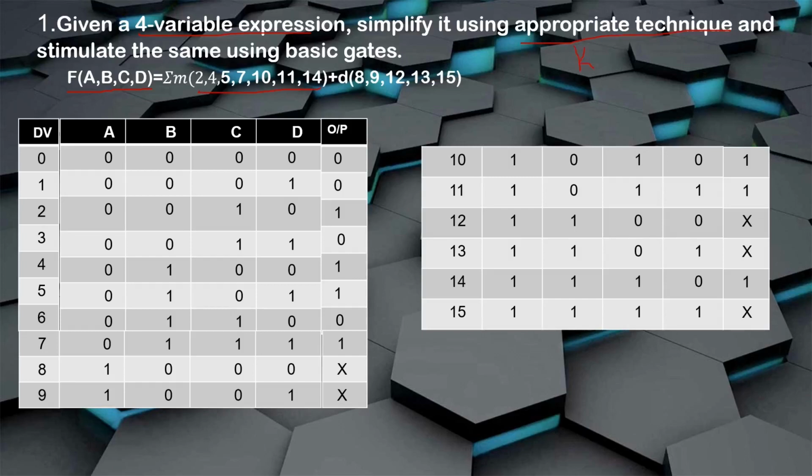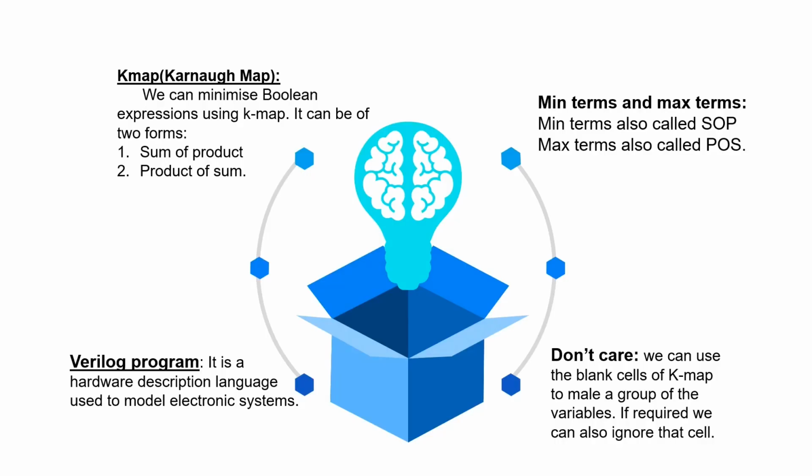Technique that we'll be using is K-map, as I said earlier, and we have to simulate the same using basic gates. Okay, so first of all, K-map is the one which is used to simplify the Boolean expression. It is the method which is used to simplify or minimize the Boolean expression. It is of 2 forms, SOP and POS, sum of product and product of sum.